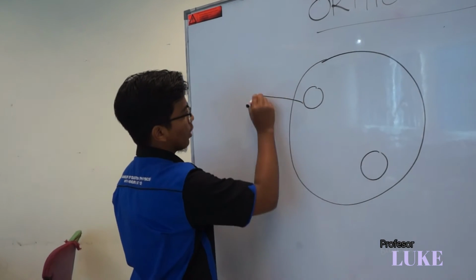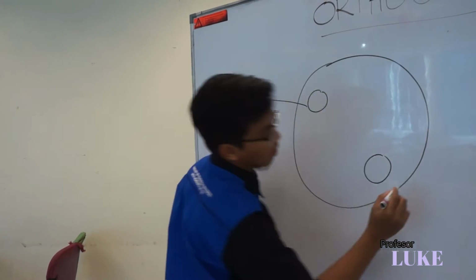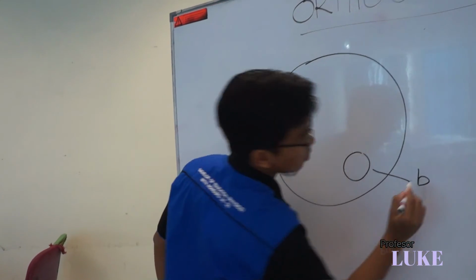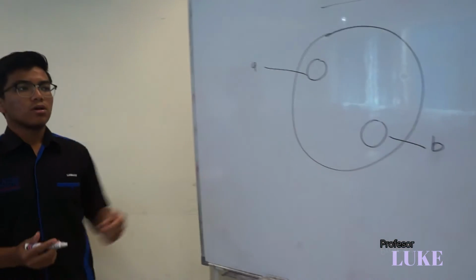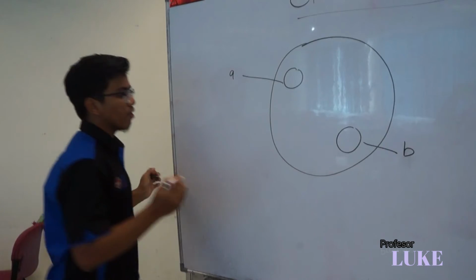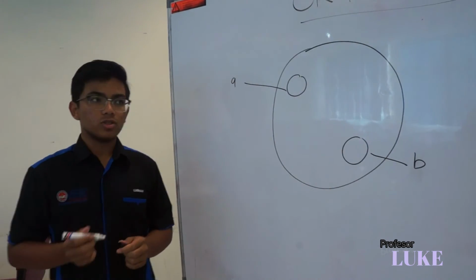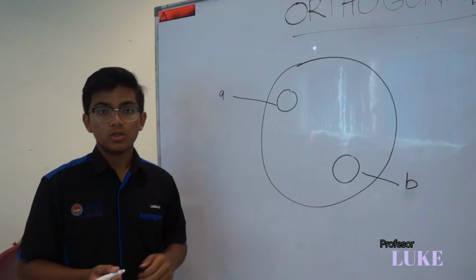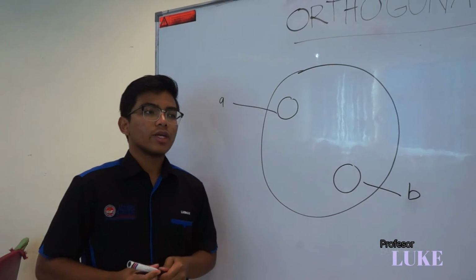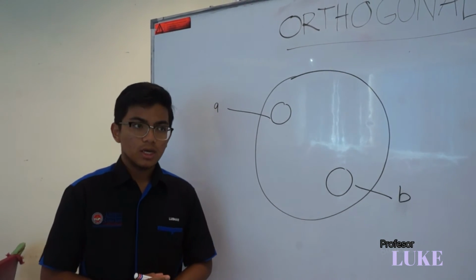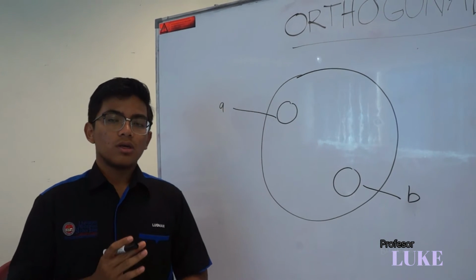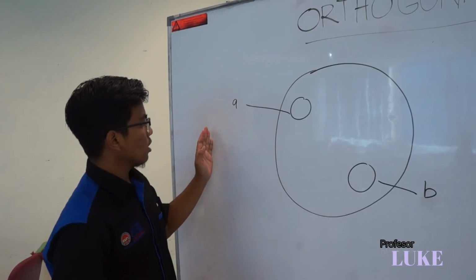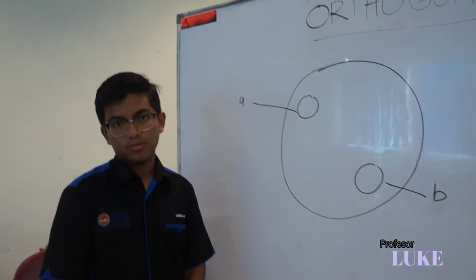First of all, we have vector A and vector B. If every vector in A is orthogonal to every vector in B, it means the subspaces are orthogonal. So for any vector A in subspace A and any vector B in subspace B, A dot B equals 0.